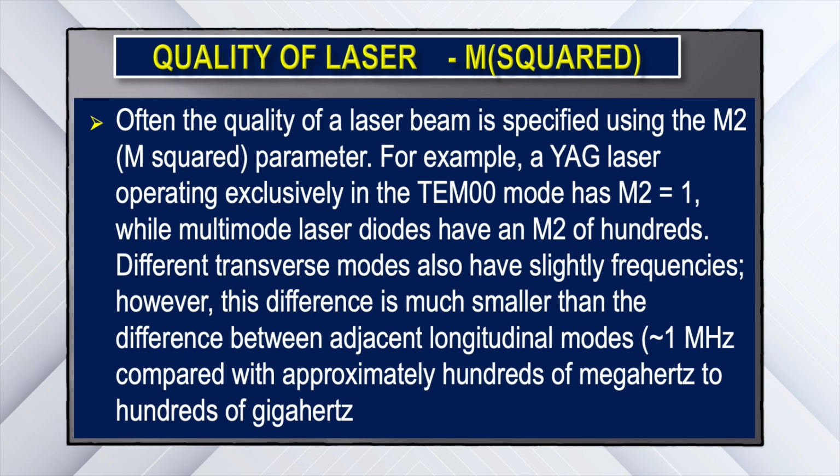As you have more and more TEM10, 20, 30, there will be certain spread in the frequency. Because of this, the quality, the coherence property of all these higher order laser modes will be going down and down. For a helium neon laser, it is very easy to have a very good TEM00 mode with single mode, single longitudinal mode action also.